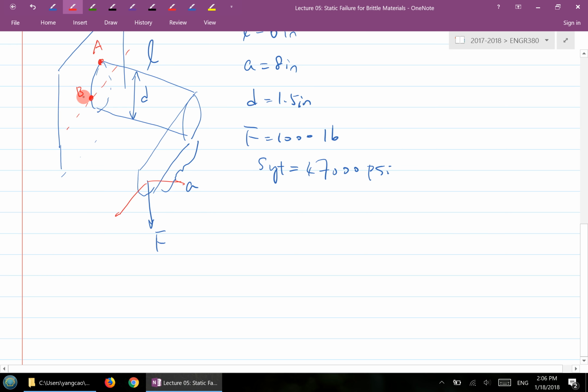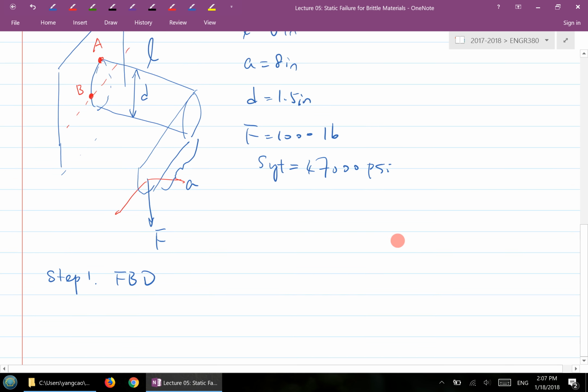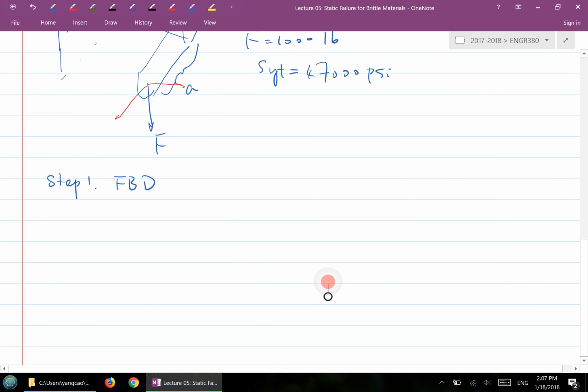All right. So the first step. For this kind of system, the first step is always the free body diagram. Free body diagram means, based on a given loading condition, you take the body out and draw all the external forces properly. For this particular system, let's look at the rod and the arm.